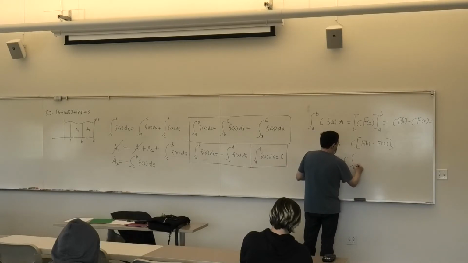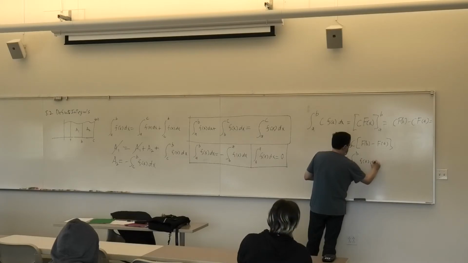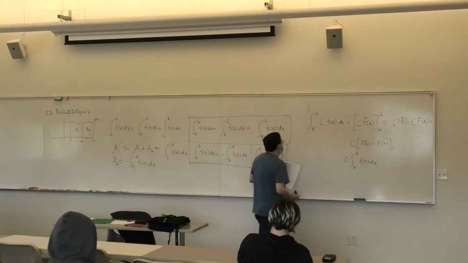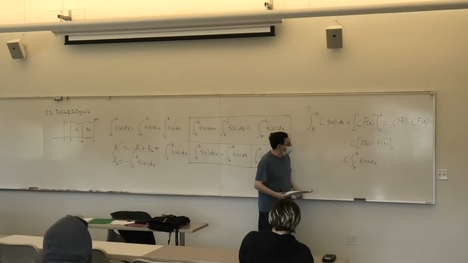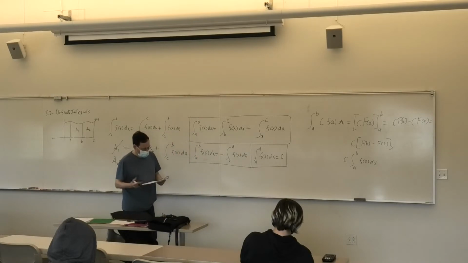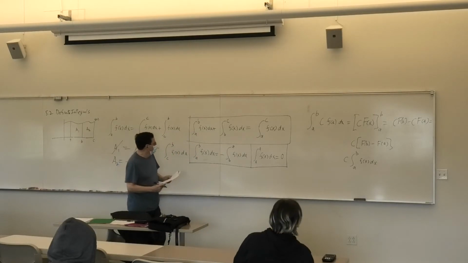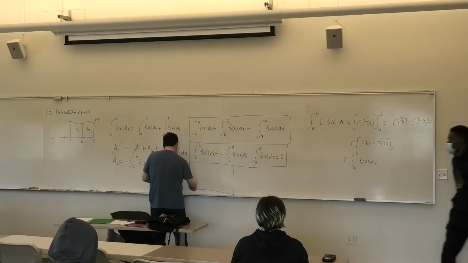That is c times the integral from a to b of f of x dx. That is to say, constants can come outside of the integral sign or be moved in as you like. So let's put that here.